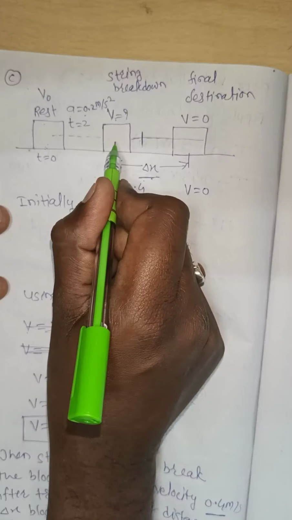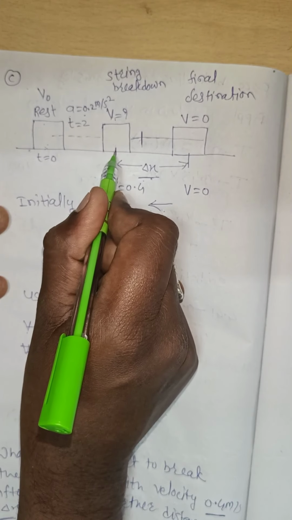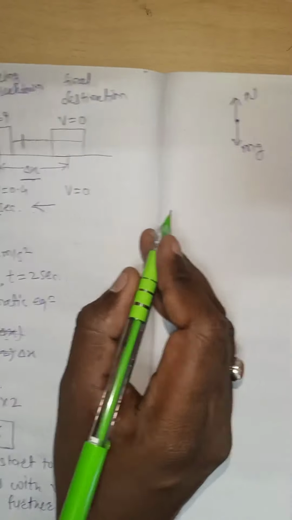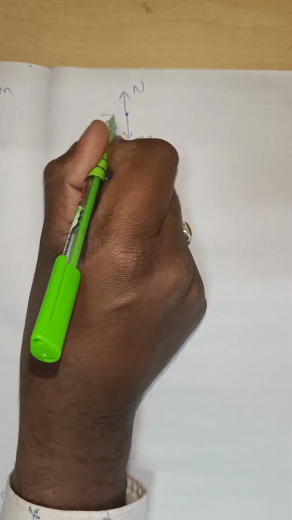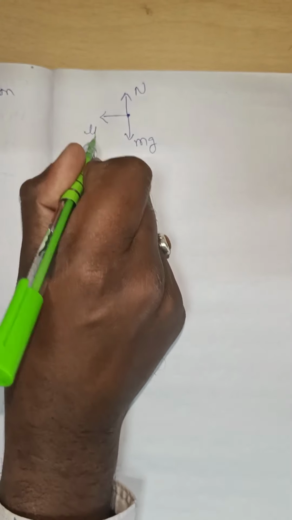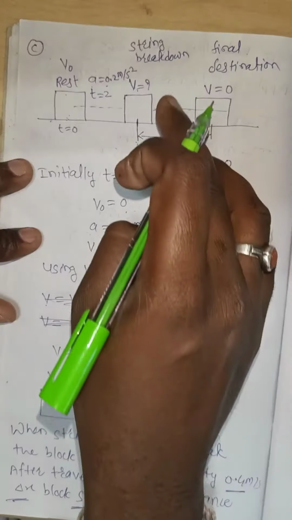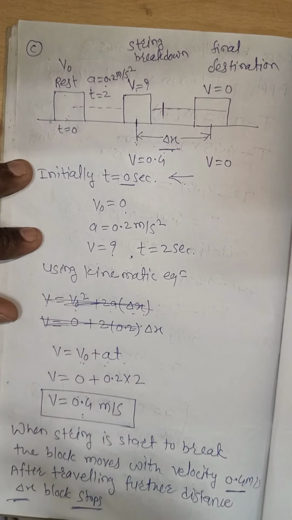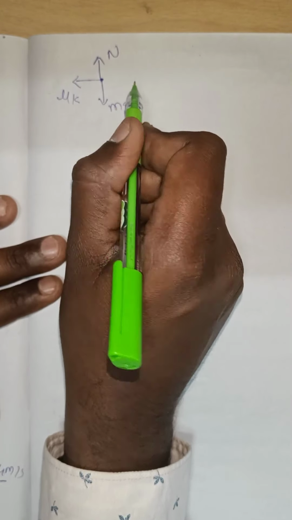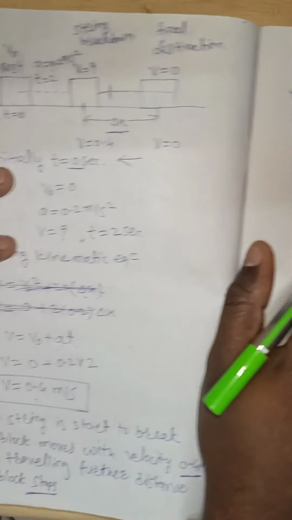When the block is moving in that direction, the friction force is in the opposite direction. That is the kinetic friction direction. The string is broken, which means there will be no tension force on the right-hand side.